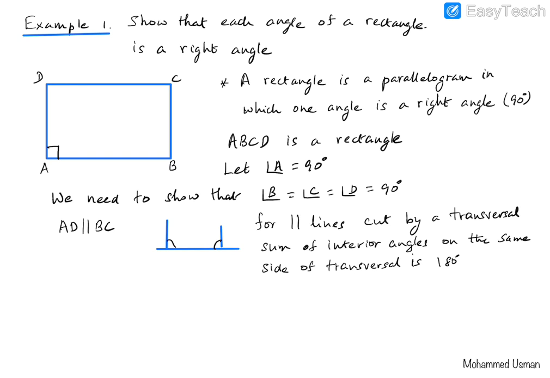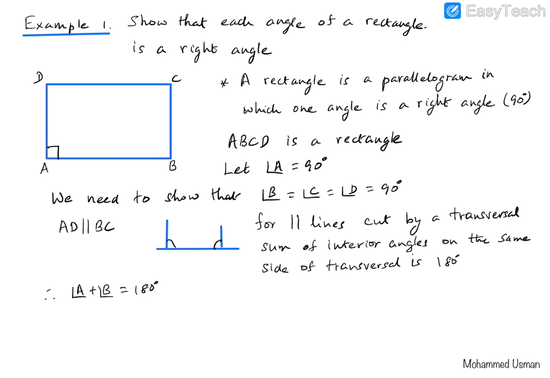So that means angle A plus angle B should be 180 degrees. We know that angle A is already 90 degrees.